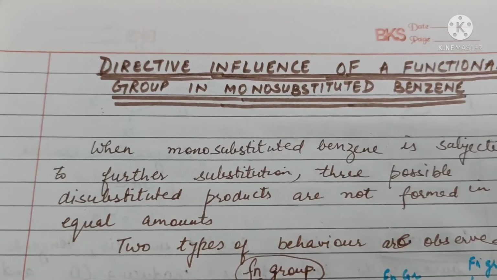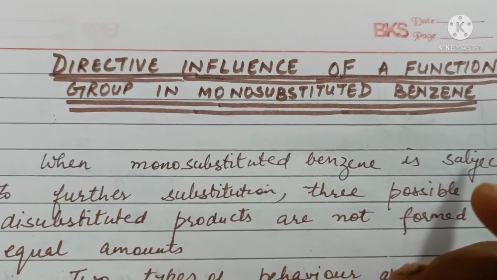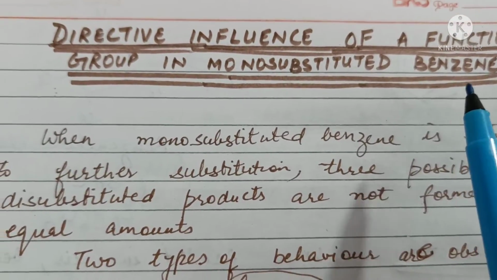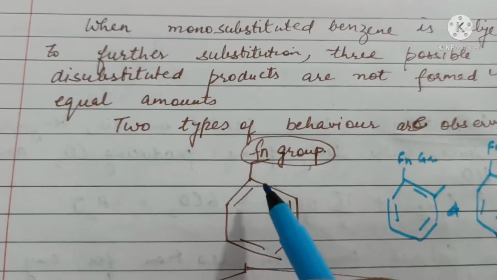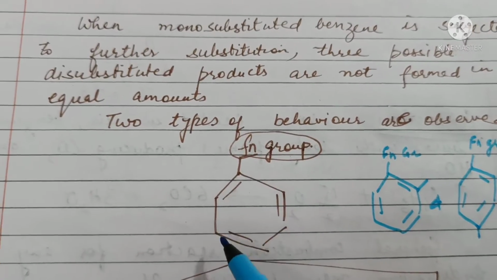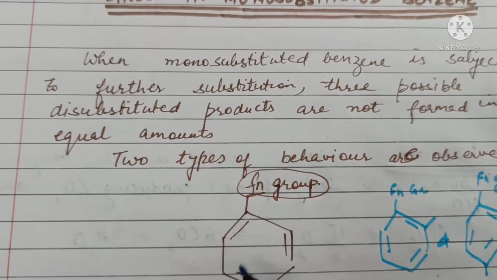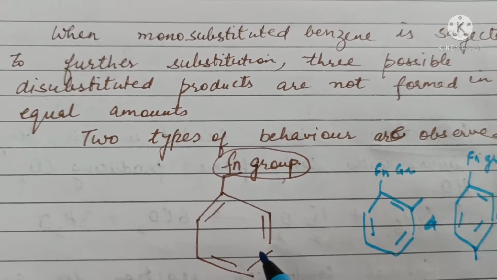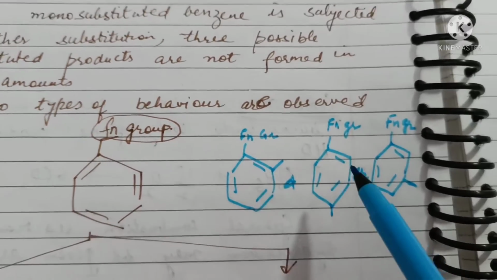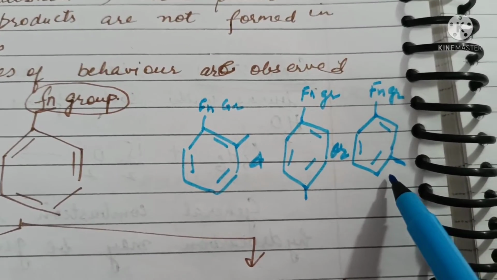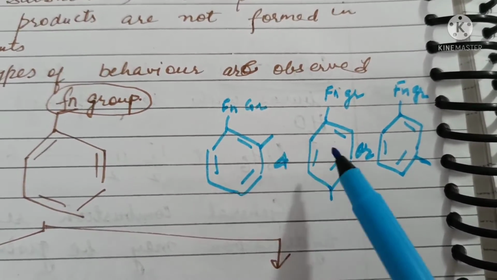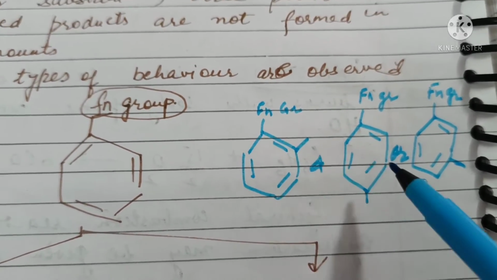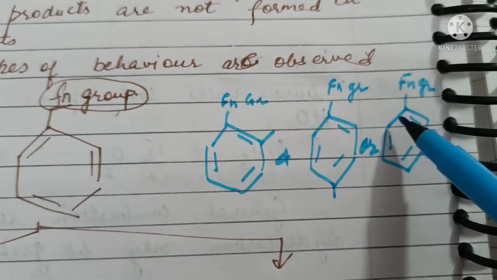Our topic for today is directive influence of a functional group in monosubstituted benzene. When a monosubstituted benzene is further subjected to substitution, three possible isomers can be formed, but they are not formed in equal amounts: ortho, para, and meta.